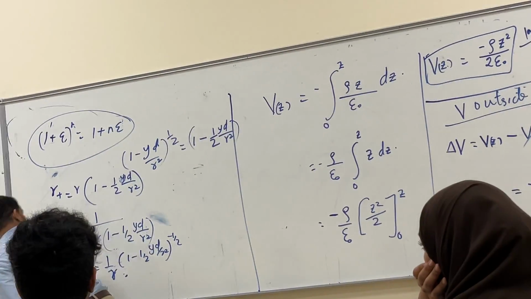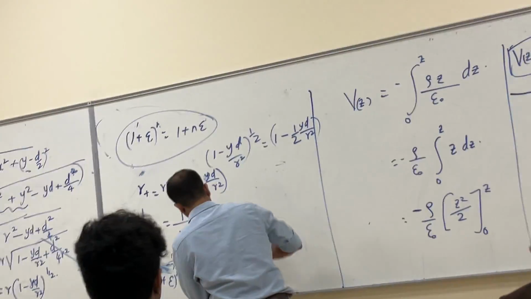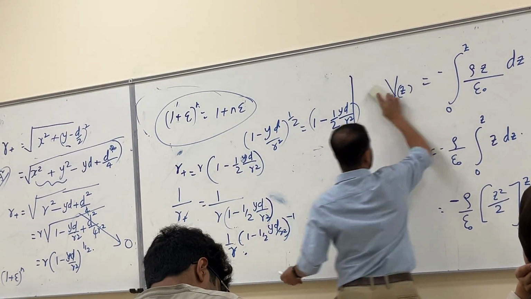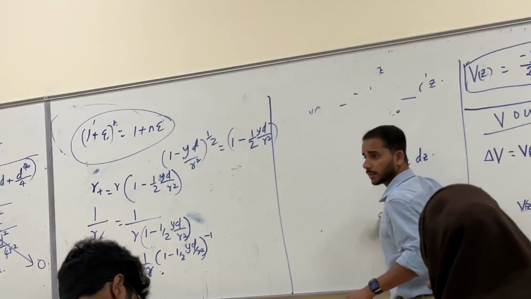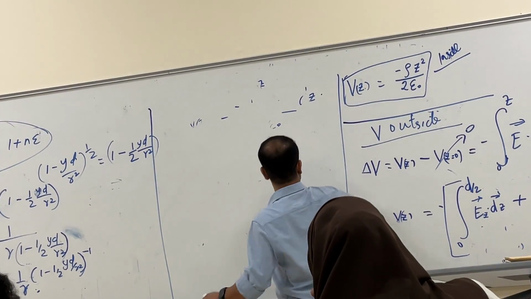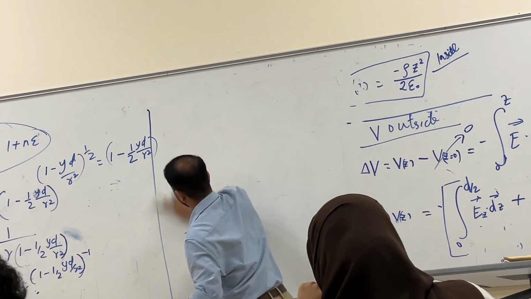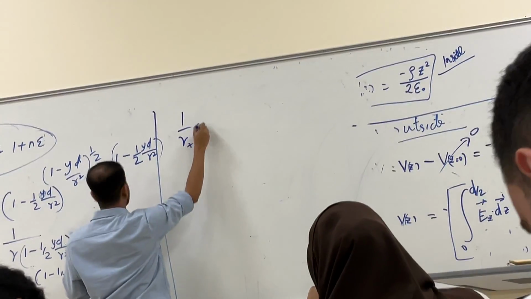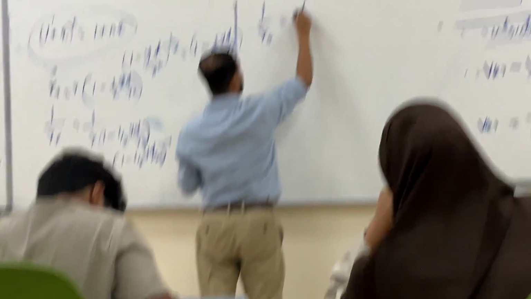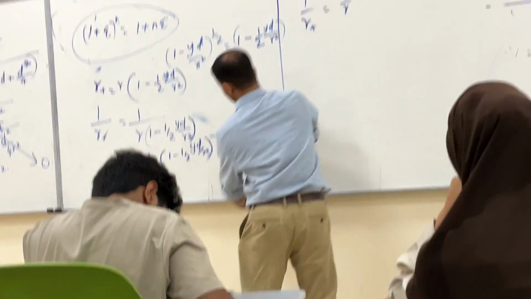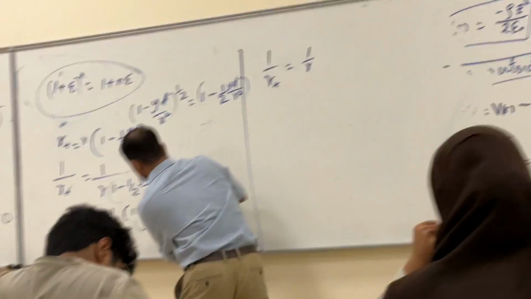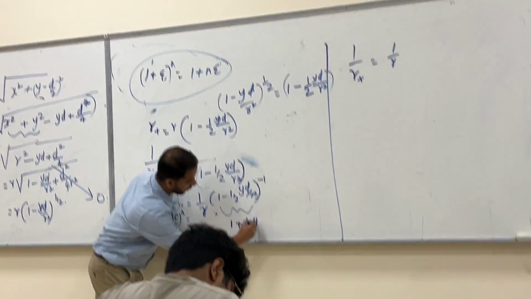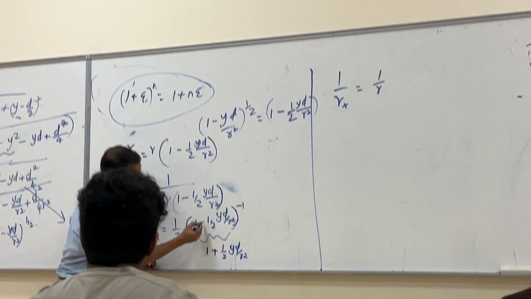Sorry, this one is minus half. Because this is not a square root, this is minus half. You want me to do this for both steps or just one? I'll do it for the 1 over r plus. 1 over r plus is equal to, if I use the binomial expansion here, 1 over r into this whole term, which will be 1 plus half yd over r square, because minus 1 minus will be plus.